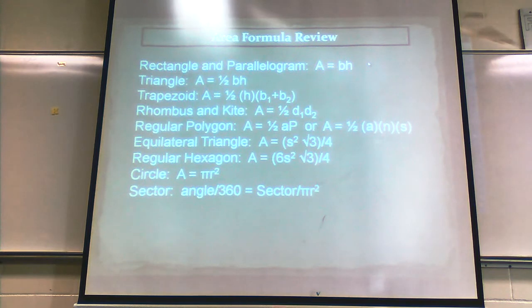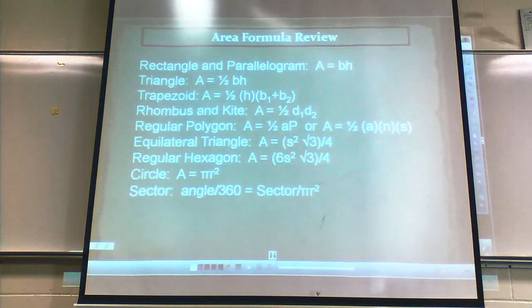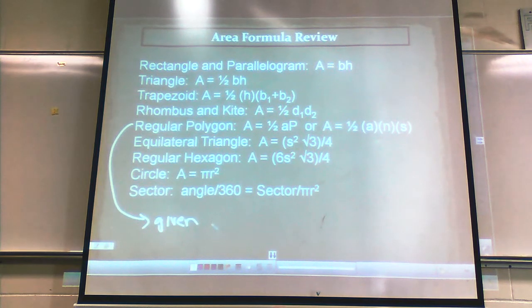And also the other thing you can add, remember with the regular polygon: if you're given the radius, you can always do that.